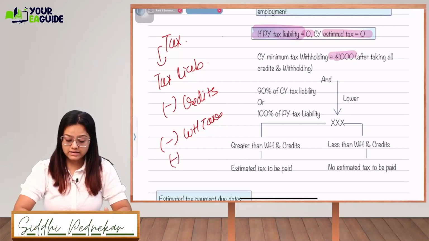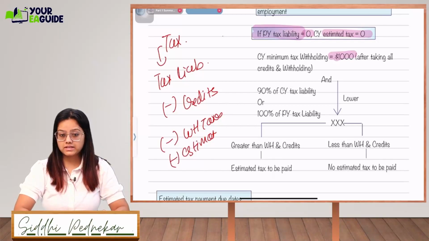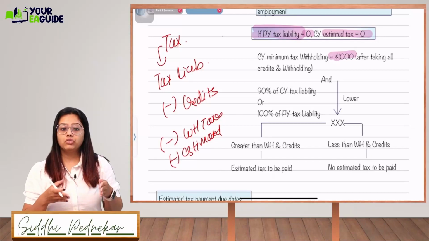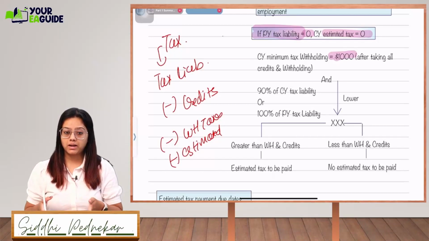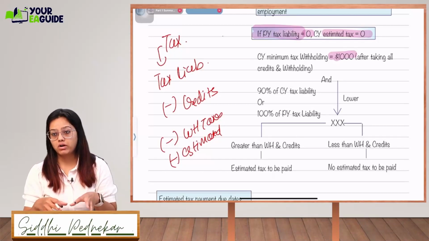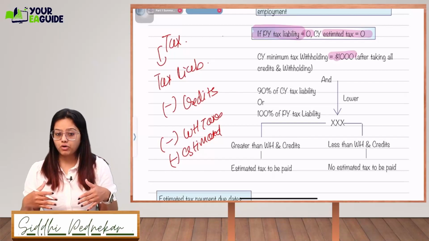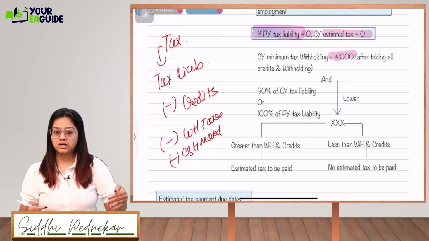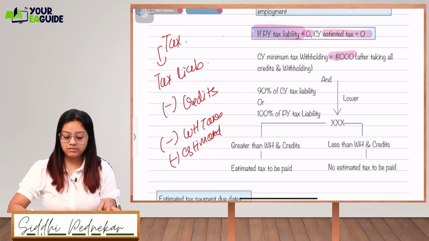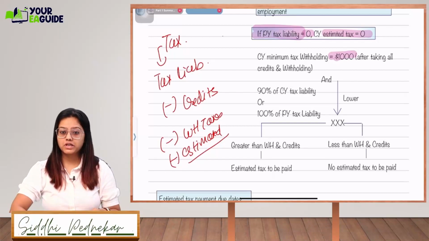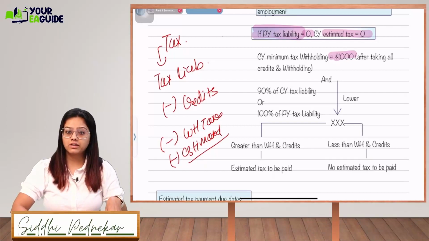And estimated taxes. Estimated taxes means during the year, during each quarter, you can pay estimated taxes. In India, we call it advance tax, right? Before completion of the year, you keep on paying a certain amount as the advance tax. Same way, estimated tax is based on estimation of your previous year tax liability.